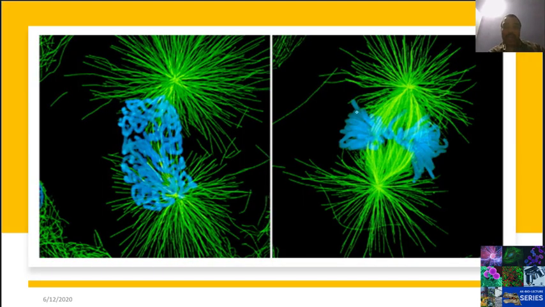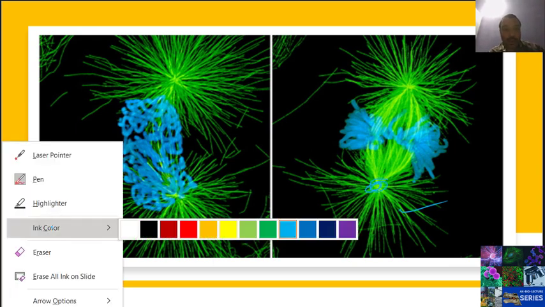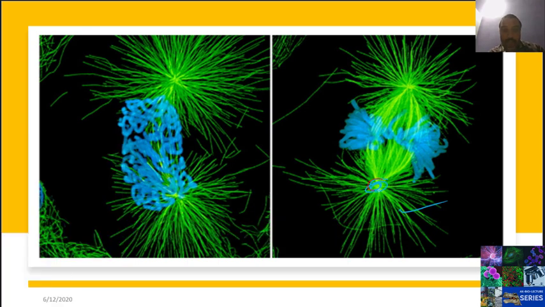The fifth event in prophase is the formation of the mitotic spindle. In the picture, the green colored portion is the mitotic spindle, which radiates out from the central core.